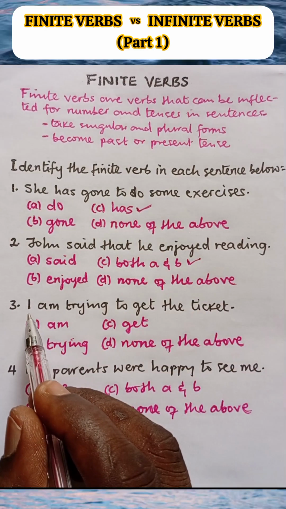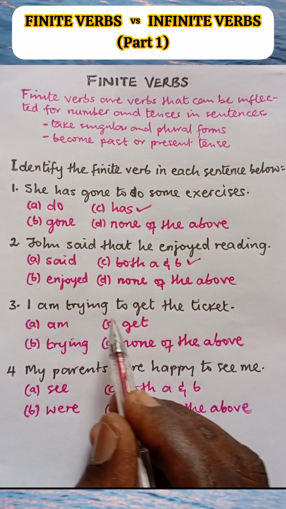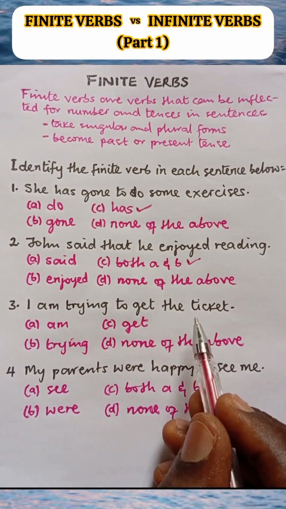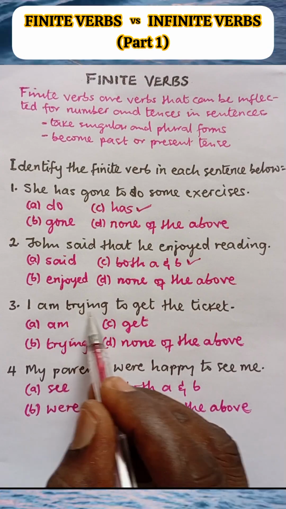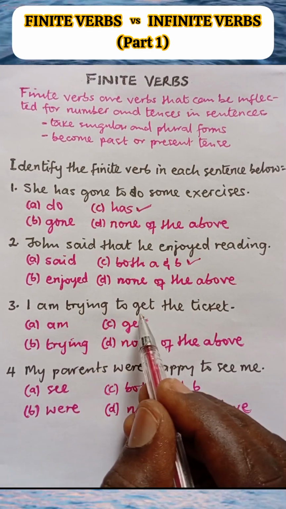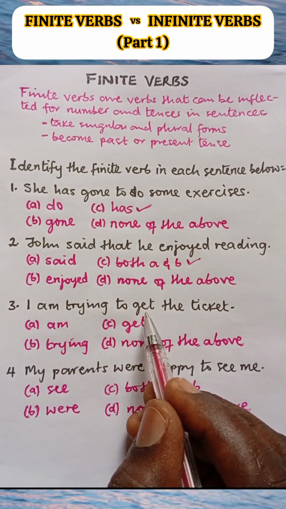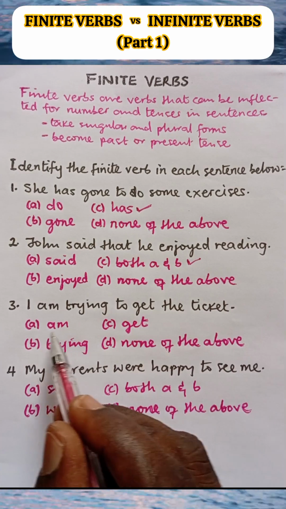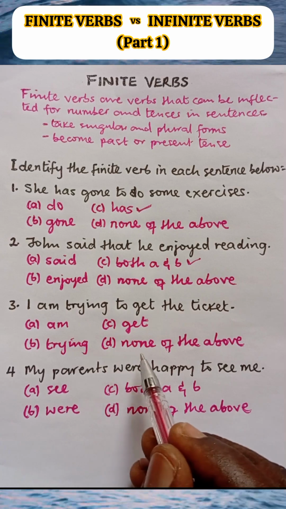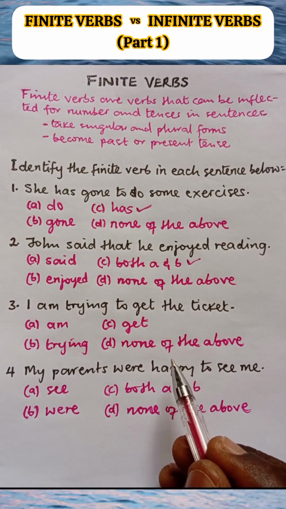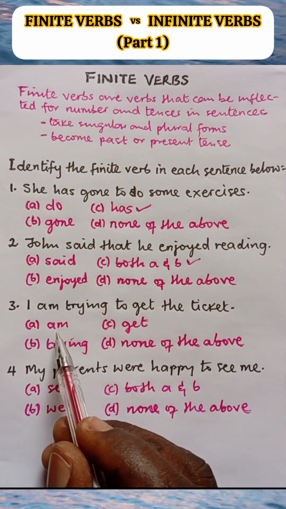Next, number 3. I am trying to get the ticket. The verbs here are, one is am, the other is trying, while the third one is get. Which of these 3 verbs is a finite verb? A, am, B, trying, C, get, D, none of the above. Now let us take them one after the other. Option A, am.